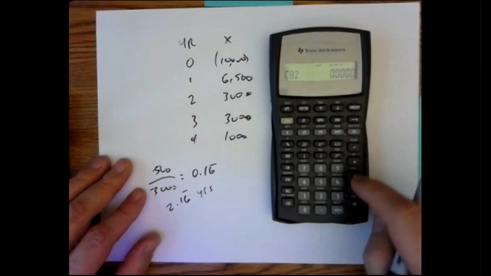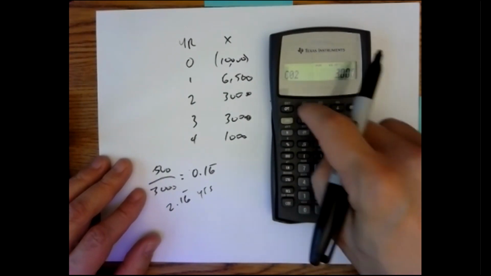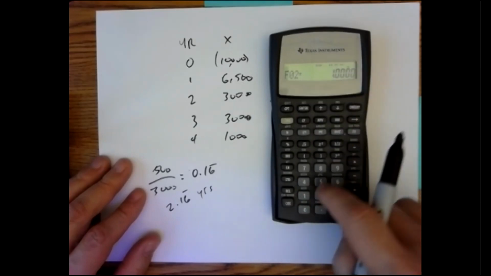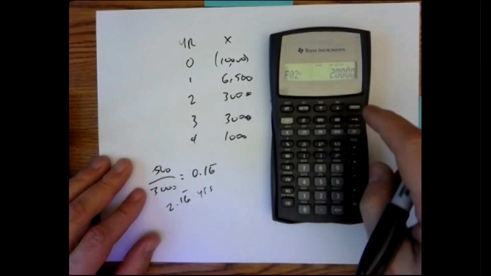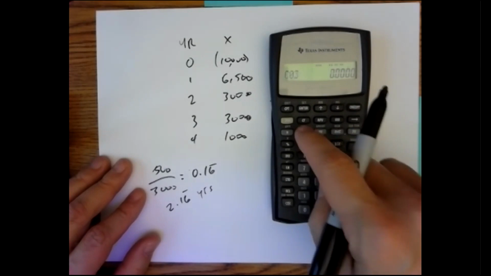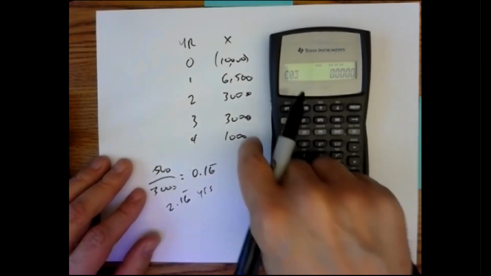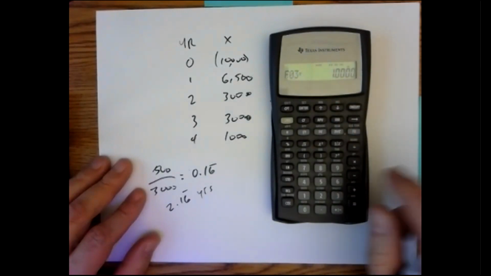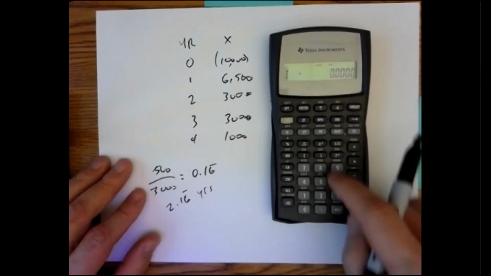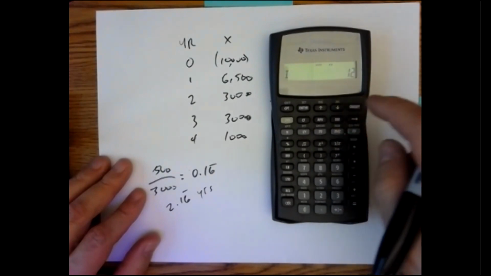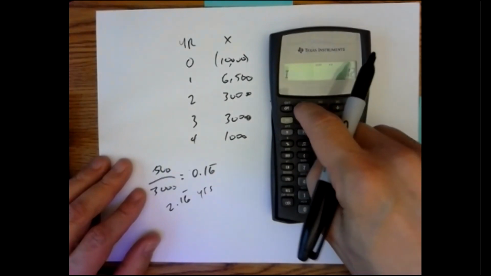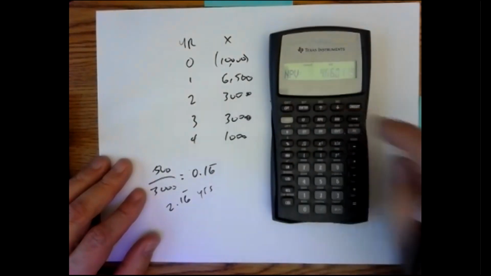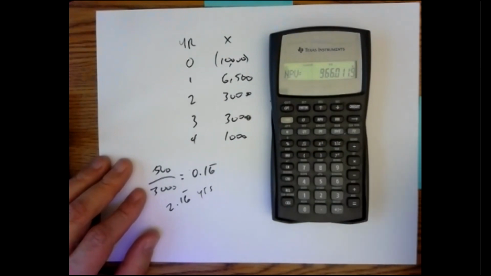Year two and three, I earn 3,000, so I'm going to set F02 to 2 because it repeats once. Then in cash flow three, which is year four, I earn 1,000. Then I go to NPV, tell it it's a 12% cost of capital, hit enter, and compute the NPV, and I get 966.